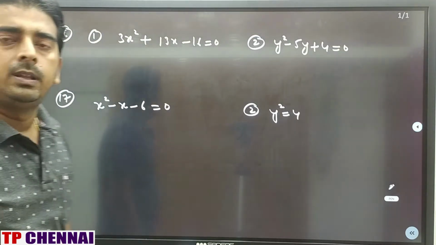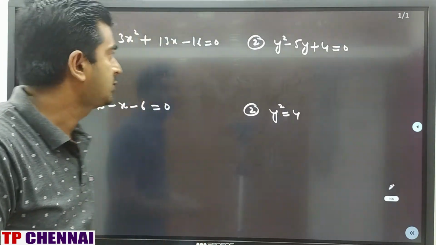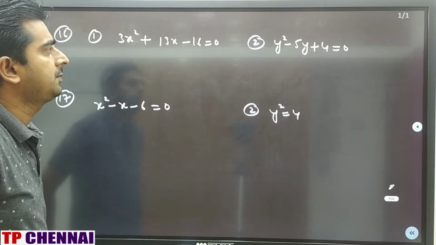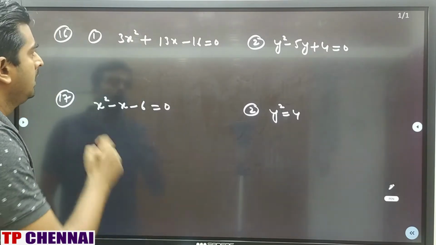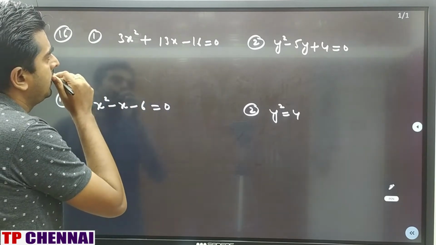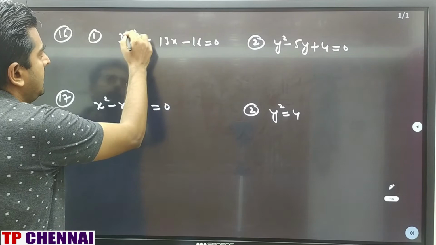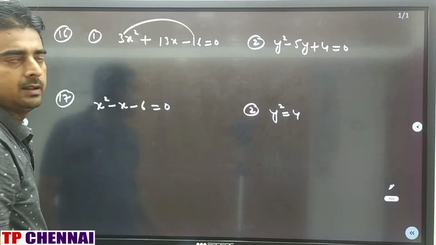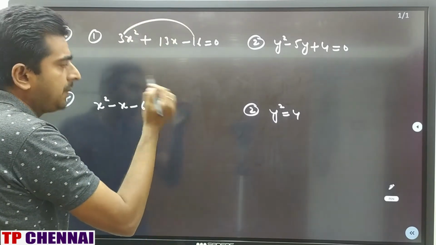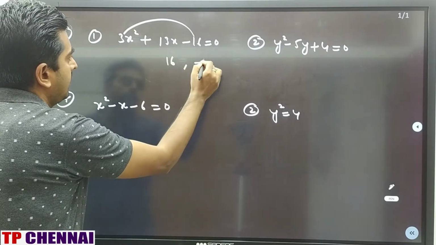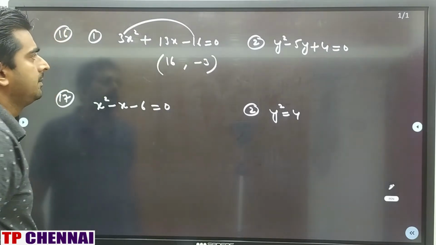So now we will see the quadratic equations, right? First one: 3x square plus 13x minus 16 is equal to 0. Y square minus 5y plus 4 is equal to 0. So here what you are going to get is 48. So this is 16 3s are 48. When you multiply, minus 48 and 13, so this is plus 16 minus 13. So my final answer is 16, minus 13.